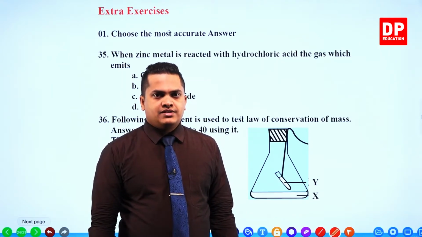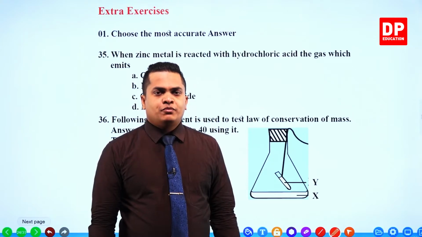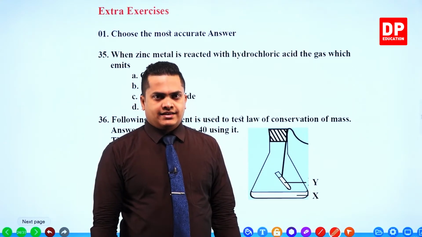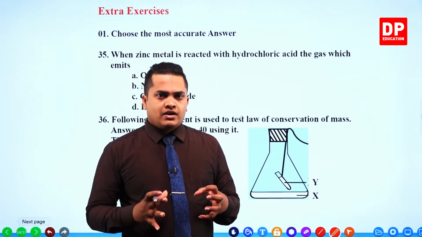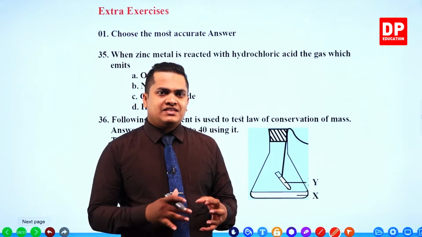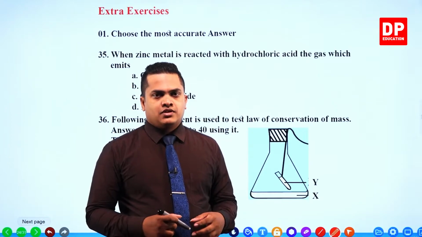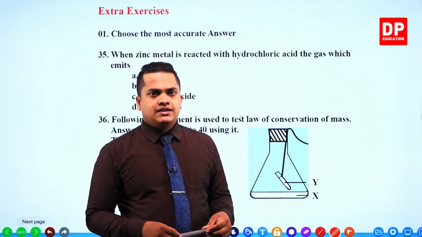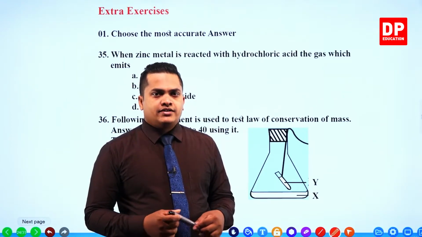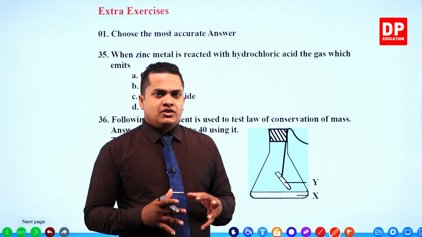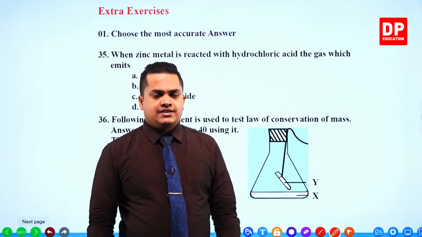You can use sulfuric acid, you can use nitric acid. When you put zinc into any kind of acid like this, the gas bubble which is getting created is hydrogen gas. So hydrogen gas is the product created during the reaction between zinc and hydrochloric acid.